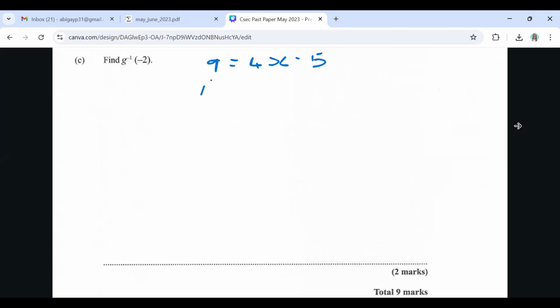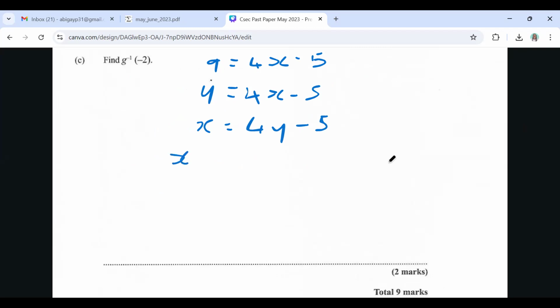So it's going to be y equals 4x minus 5. What happens is you're going to interchange y and x. So y is going to be x and x is going to be y. And then you're going to make y the subject.